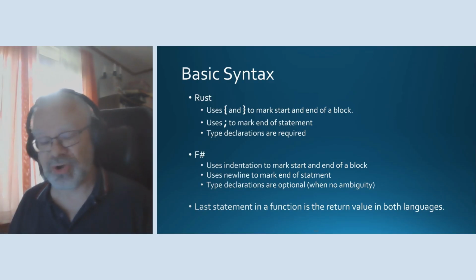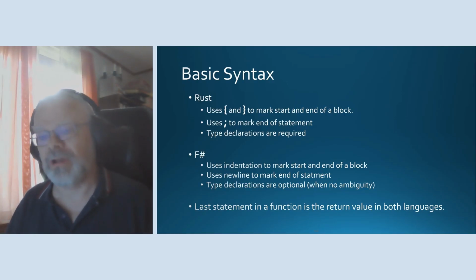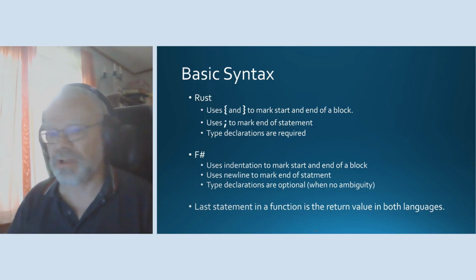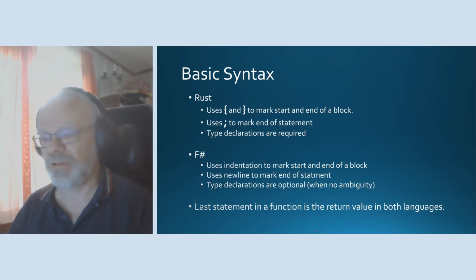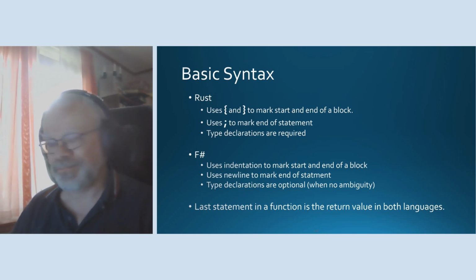We use new line to mark end of statement, and type declarations are optional. You don't need that if there is no ambiguity. If the compiler can find out what it is, then you don't have to have type declarations. Common for both languages is that the last statement in a function is the return value, always.